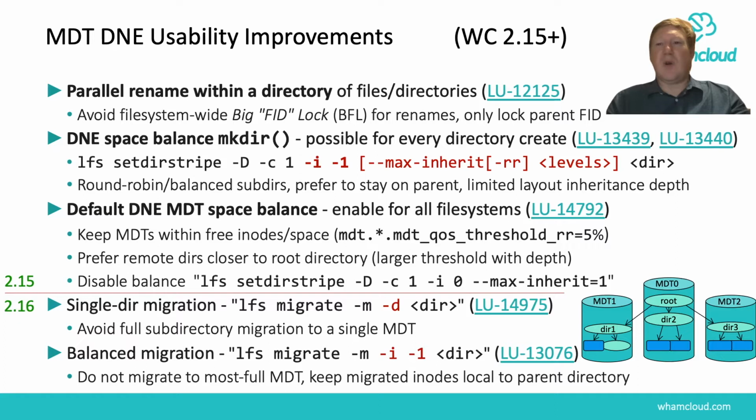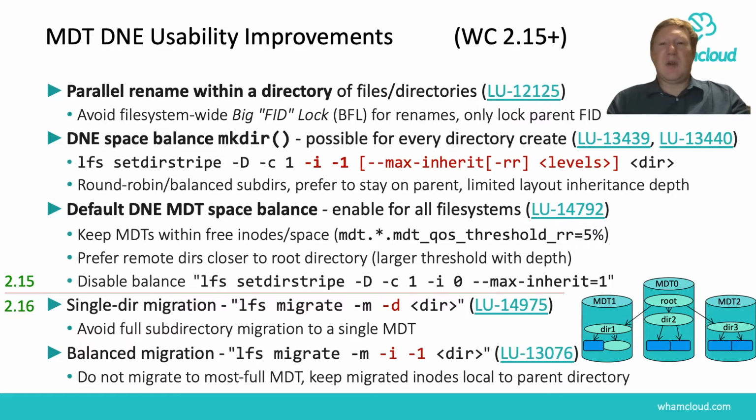But in order to avoid too much performance impact, subdirectories prefer to stay on the parent directory if the space is balanced. Because this is an issue that people have had quite a bit, MDT space balancing is enabled by default in 2.15. And so it will try to keep the space usage within about 5% across the MDTs.